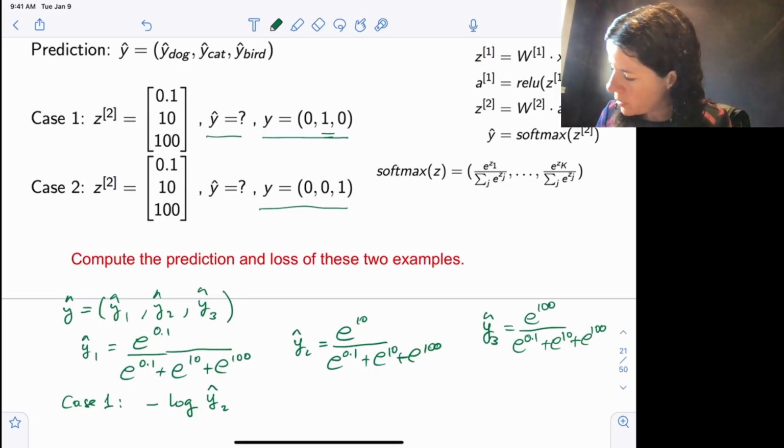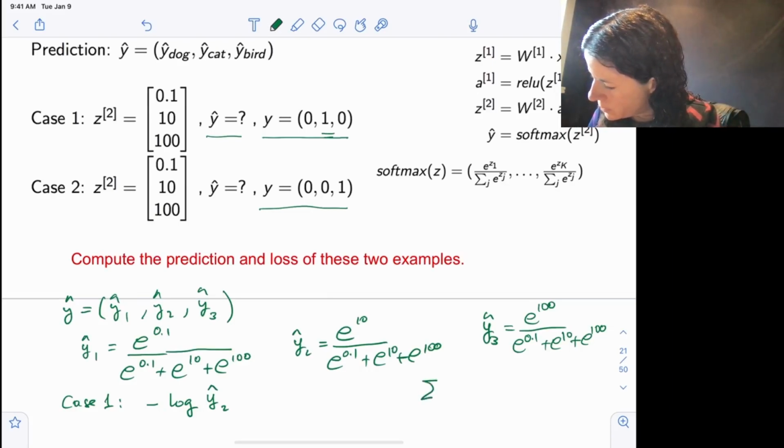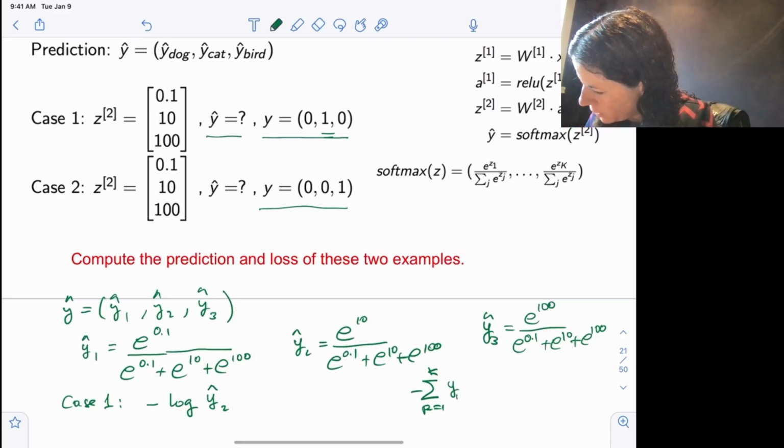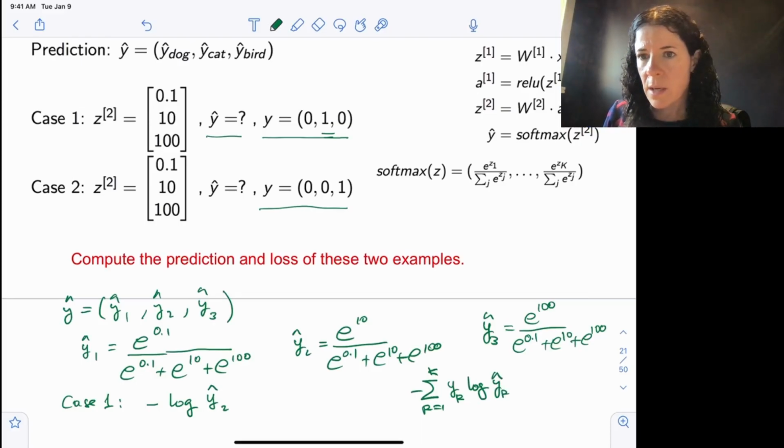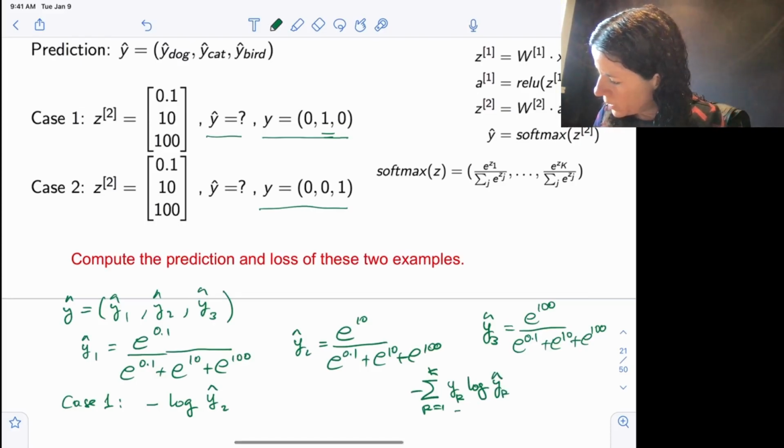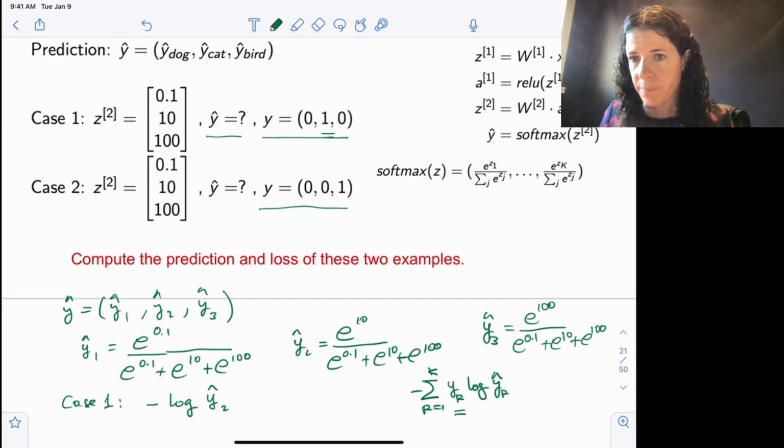So if you remember, the loss would be the sum over k equals 1 to K of minus yk log of yk hat. Since the only yk that is 1 is the second one, then that's what we get: minus the log of y2 hat.